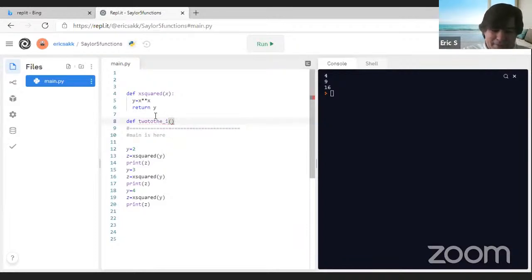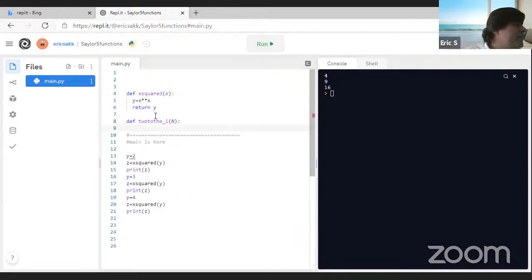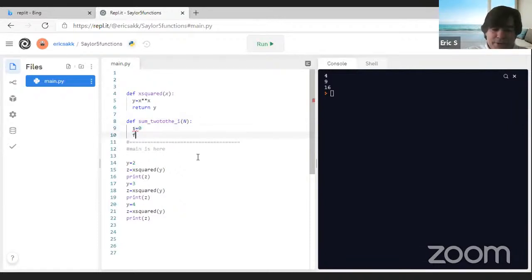I'll drop in a variable, I'll call it capital N, and I'll call the function something like that. What I'll do is set a sum equal to 0, and then we'll say for i in range.